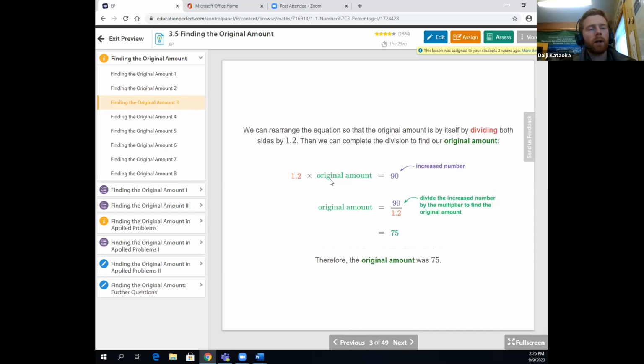So the way we do it is we want to get the original amount by itself. Right now we've got 1.2 times it. So to get rid of that 1.2 times the original amount, we divide by 1.2. And if we divide this side by 1.2, we have to do the same to the other side because that will keep them equal.